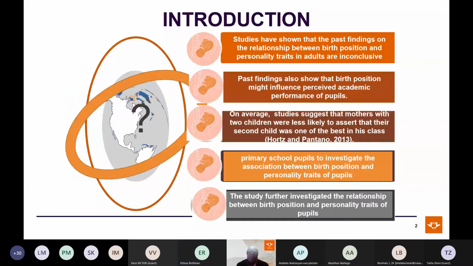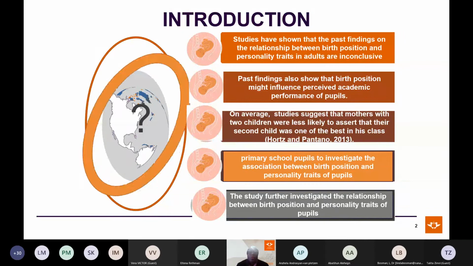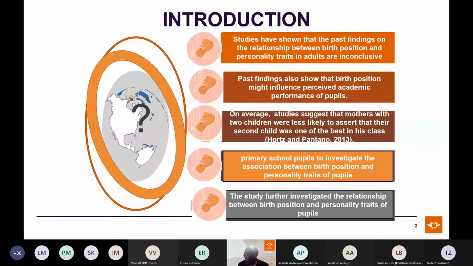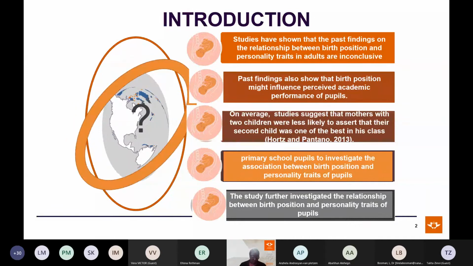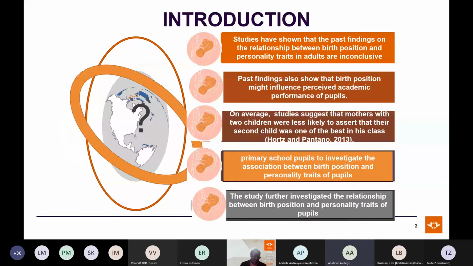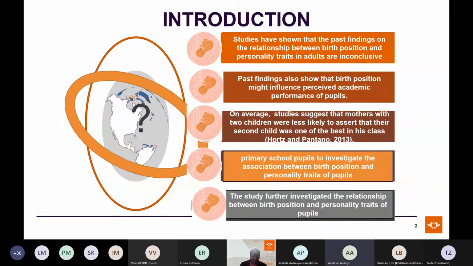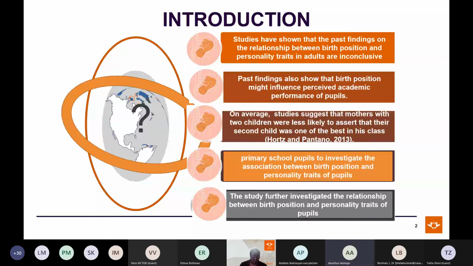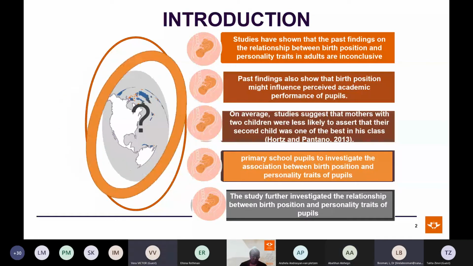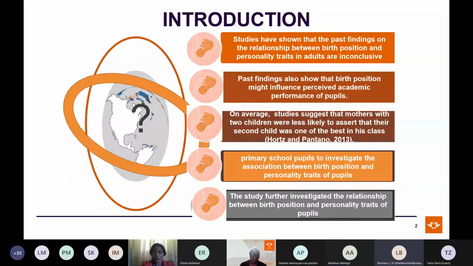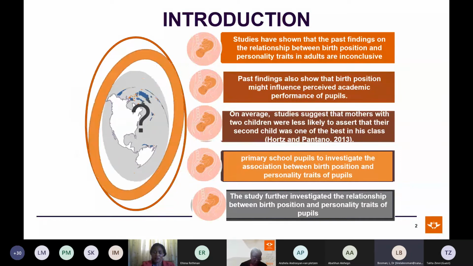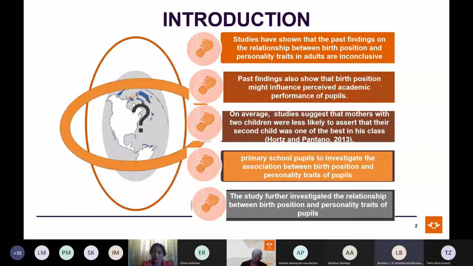Vera, we are missing you. We can't hear you. She's muted. Vera, can you please just unmute yourself? Hello? You've muted yourself. Yes, we can hear you, continue. Hello? We can hear you, Vera.